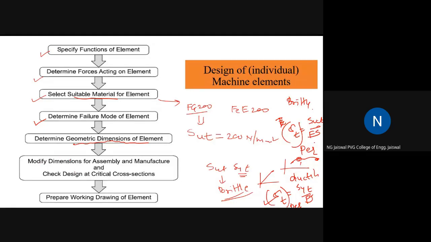And then for some other purposes, maybe some assembly purpose or manufacturing purpose, if your calculated dimension is not suitable, you can modify it a little. That can be done in some cases. And then once you do it, prepare your drawing. This becomes the process through which I should go for each and every component.